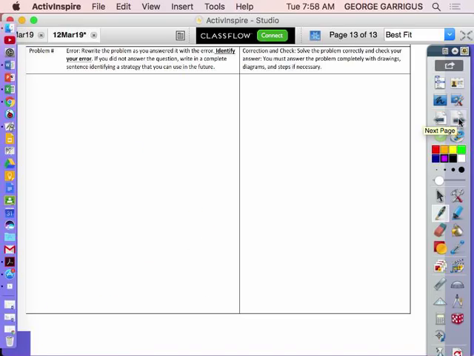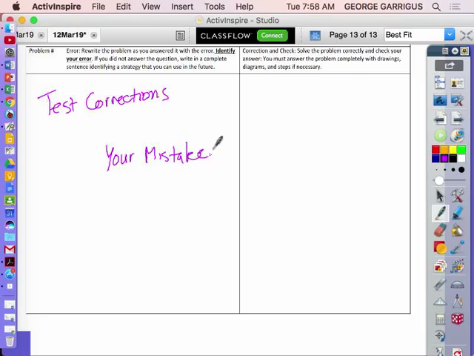And these are error notebooks. These are test corrections. This is the format for them. You do your mistakes here, from Illuminate. And then your corrections are here.